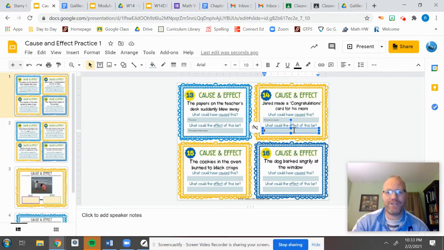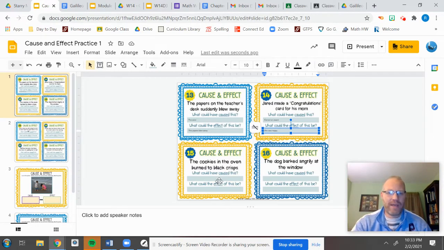Now, this one can get a little bit weird because she won an award, so he made her card. You could also go into the idea of like he made her a card, so she felt happy. So it kind of goes into where are we going with this? That would be the question that you could ask, like, well, is that what we want? Yeah, I'd say that either one of those would be a good way. So, what could be the effect of this? She was happy. She was happy to receive a card.